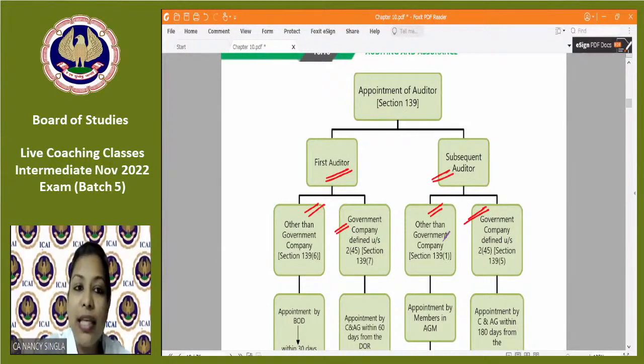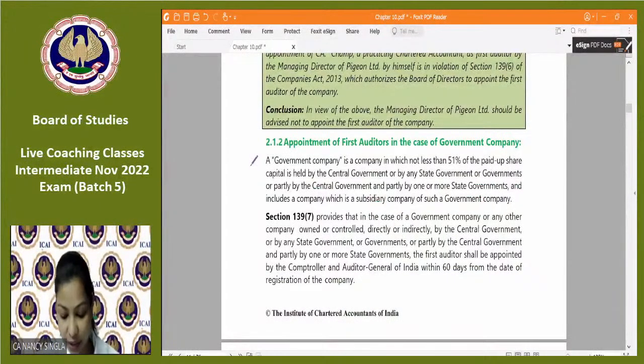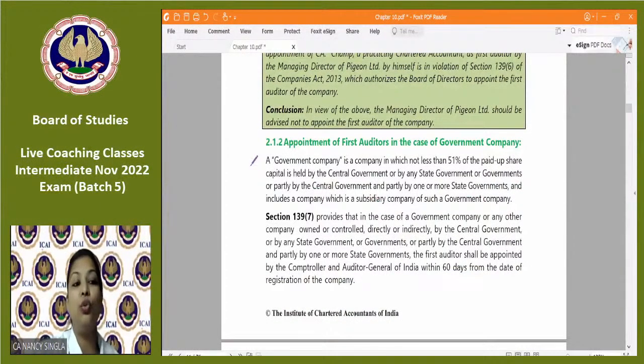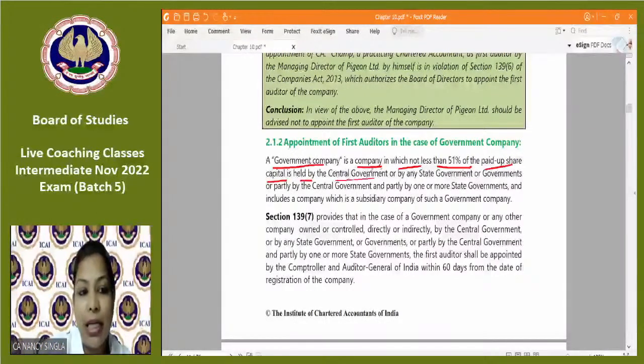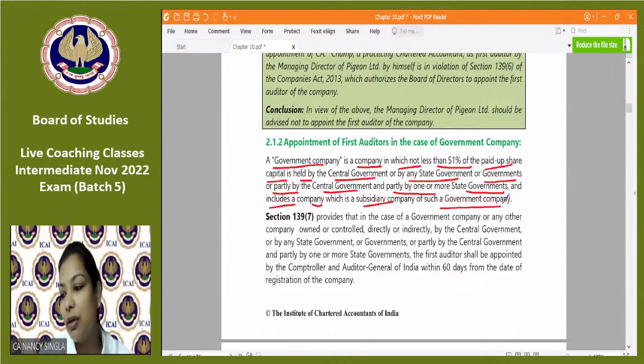Let us try to understand what is meant by government company, and the definition of government company is given in clause 45 of section 2 of the Companies Act. So government company is a company in which not less than 51% of the paid up share capital is held by either the central government or by state government or state governments, or partly by central and partly by one or more of the state governments, and it includes a company which is a subsidiary company of a government company.